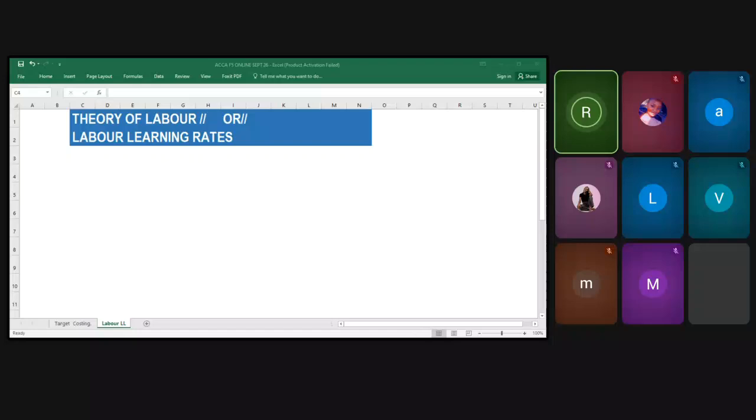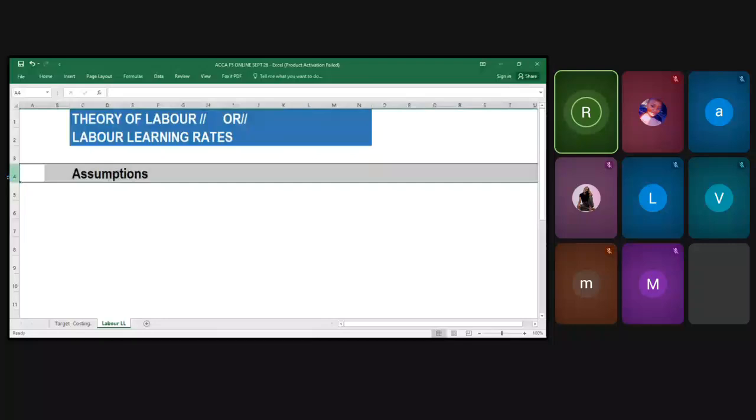So for the theory of labor to be applicable, we have to look at assumptions. What are the assumptions of the theory of labor?